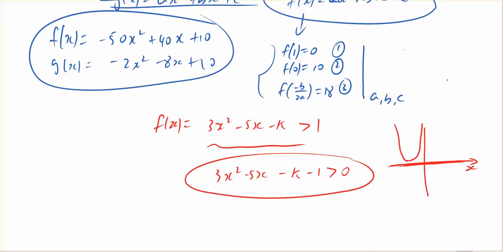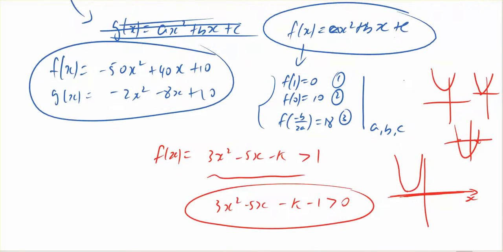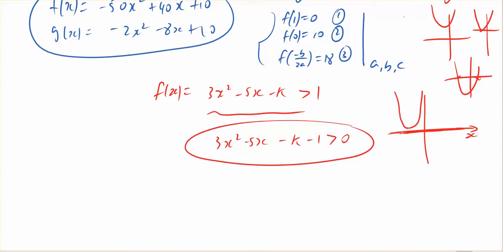Remember, we've got three cases: above the line, no solution; touches the line once, one solution; or goes below, two solutions. So we want the case where there are no solutions. We're going to have to use our knowledge of the discriminant.